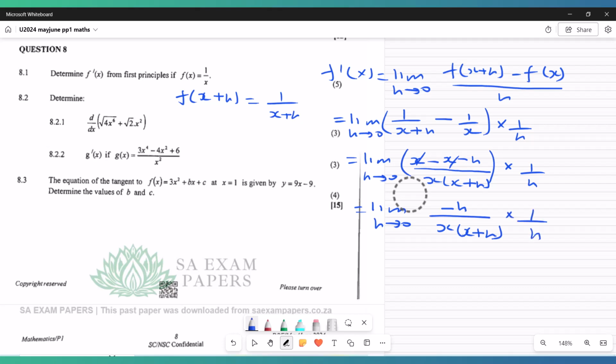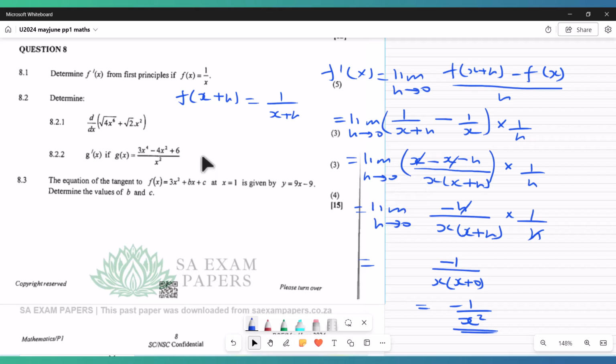Now this h is going to cancel this one. So I'm left with negative 1 on top divided by x times (x plus 0), because the limit is h tends to 0. So it gives me negative 1 divided by x squared. That's our answer. I hope we are together.